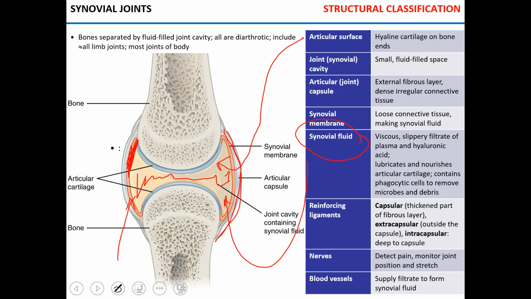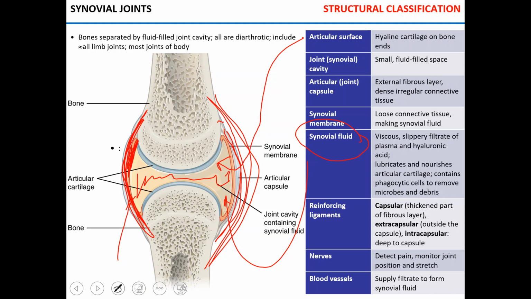Synovial joints usually have reinforcing ligaments. They are not shown on the picture, but ligaments, bands of dense connective tissue holding together bones, can be extracapsular, outside of the articular capsule. Capsular, essentially the capsular ligament is the one that basically forms the articular capsule.